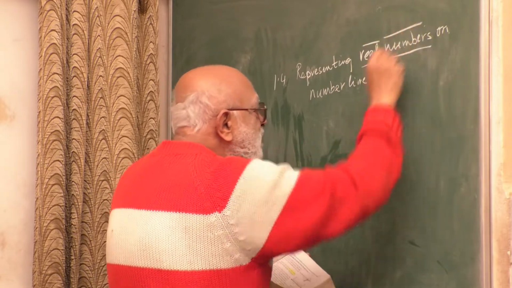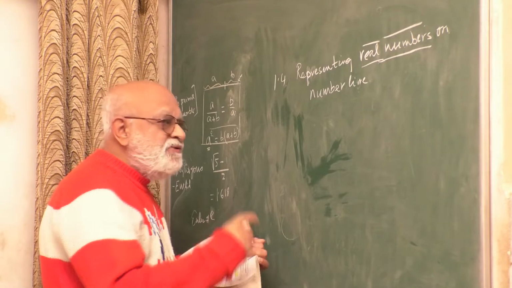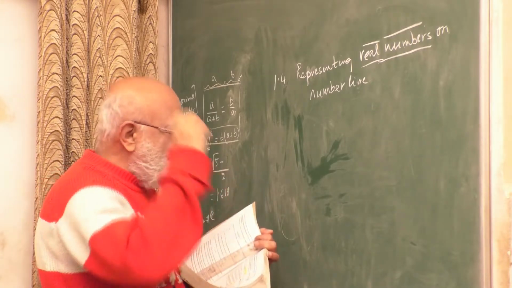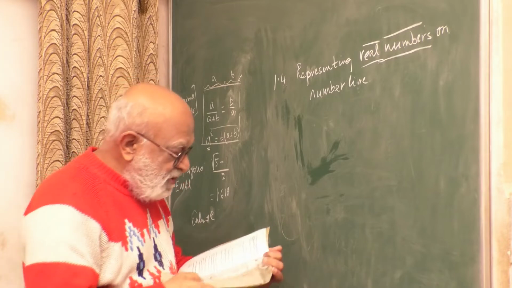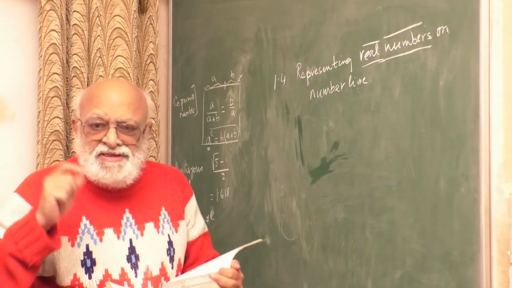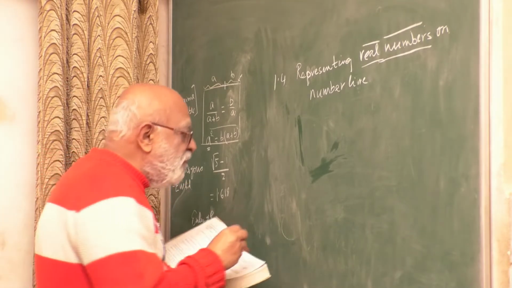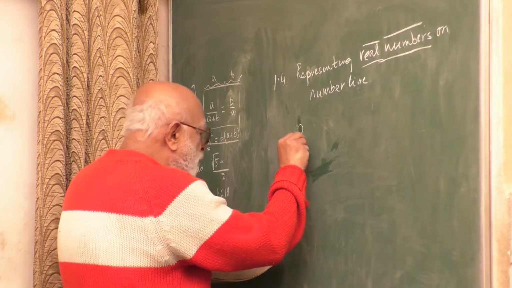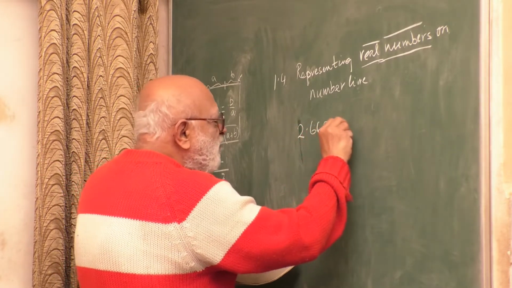So that means we have to learn both about imaginary as well as irrational and rational numbers. Okay, now I am picking up the same example given in the book, that suppose we want to locate 2.665 on number line.